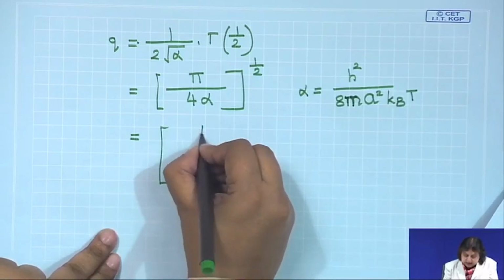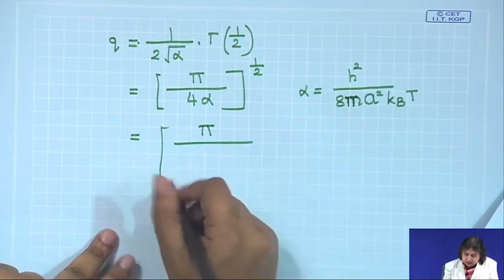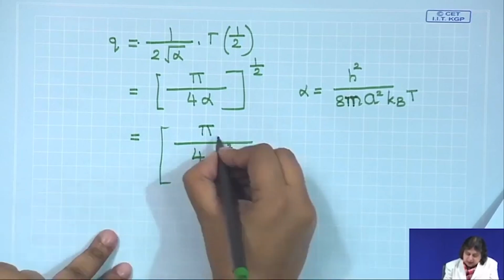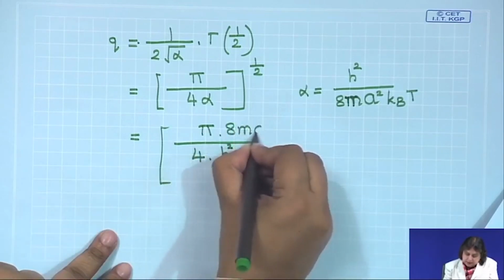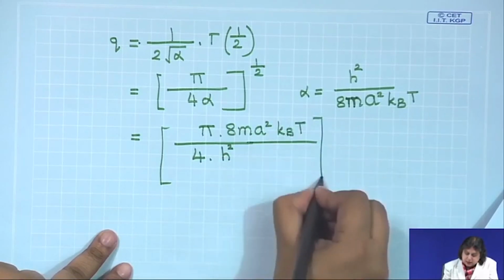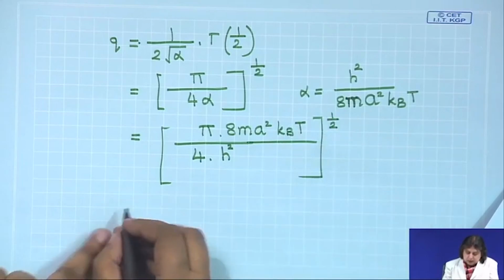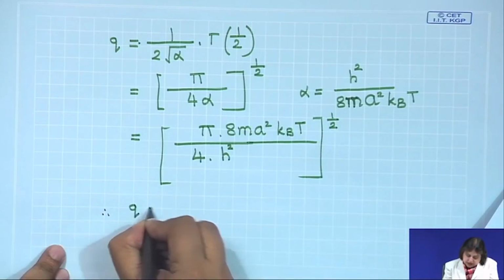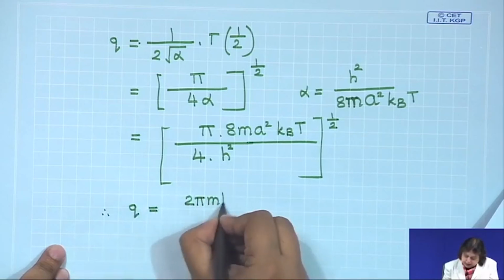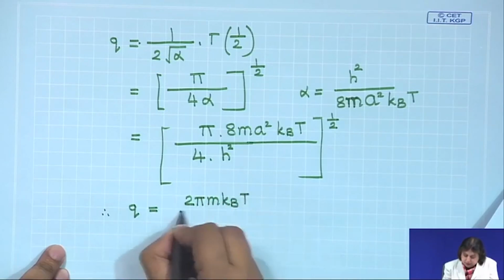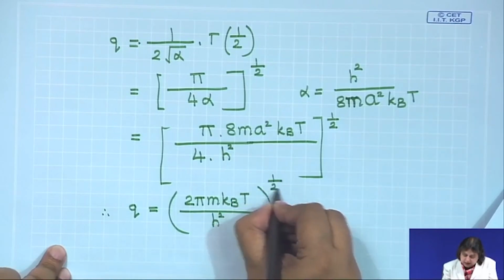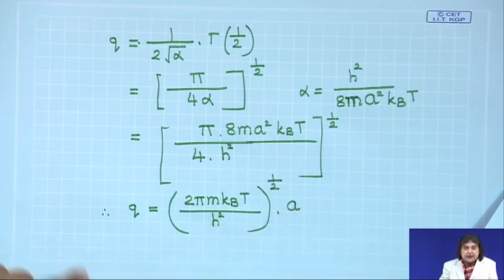I get this is pi divided by 4 into h square into 8m a square kBT to the power of half. So, the final expression that I get is 2 pi m kT by h square to the power of half, and I have taken the a outside.